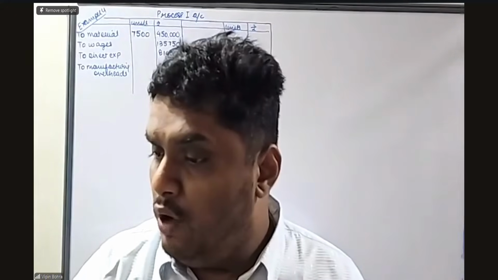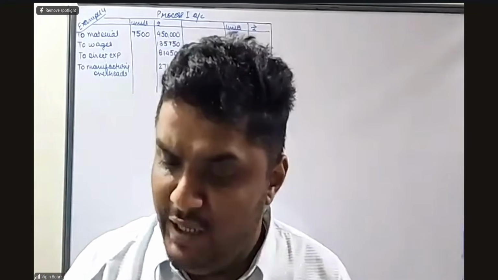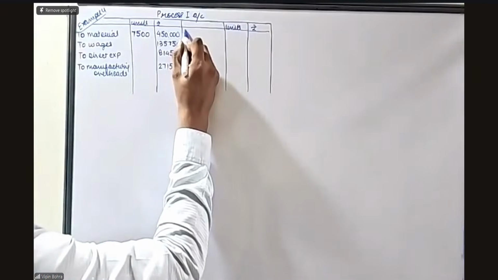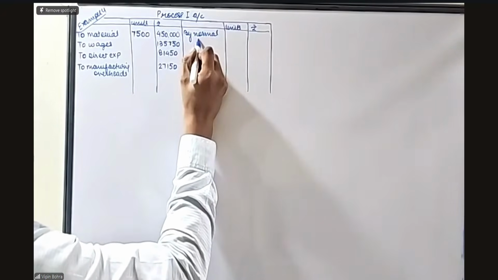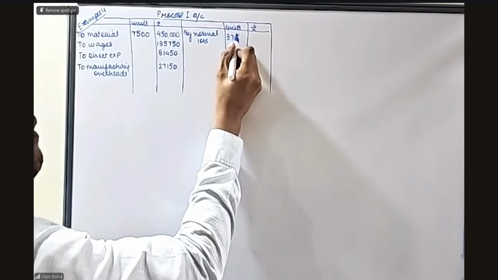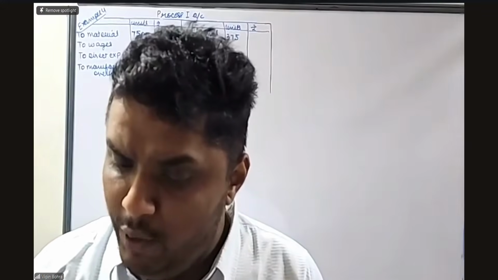When talking about the normal loss, it is 5% of input. So 7,500 into 5%, it is 375. And these units can be sold in the market at the rate 12.5.